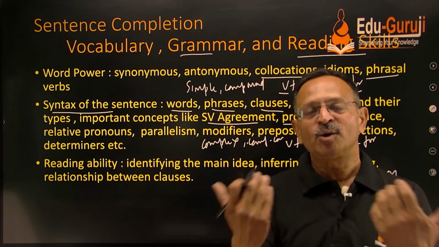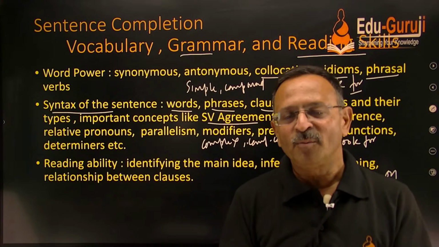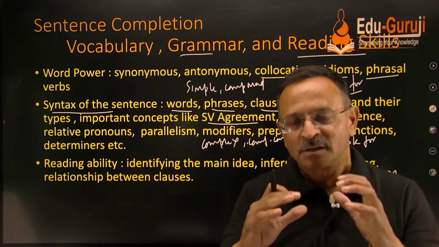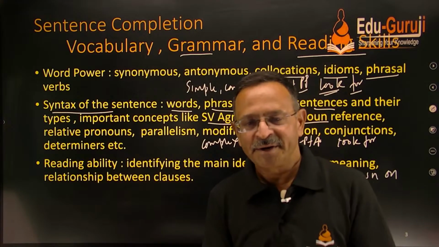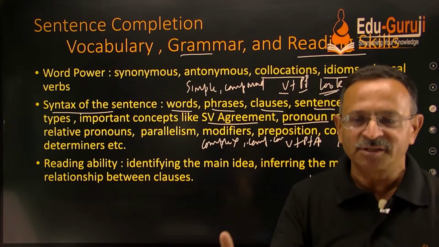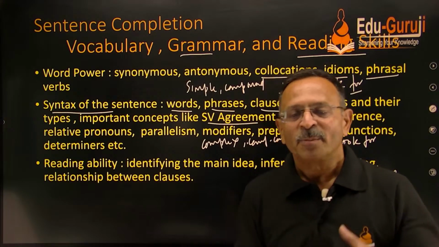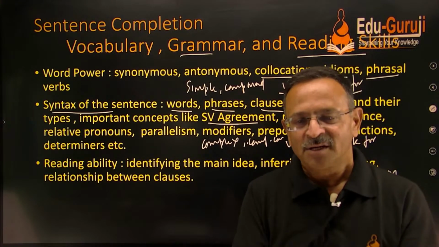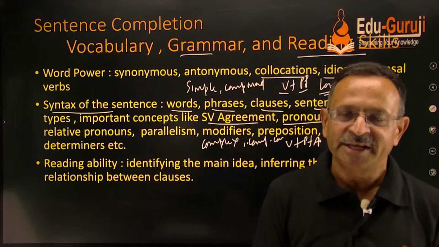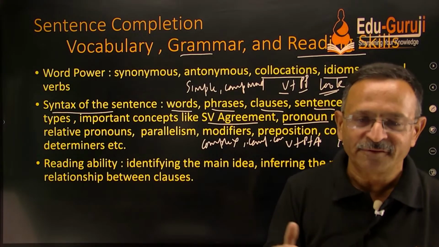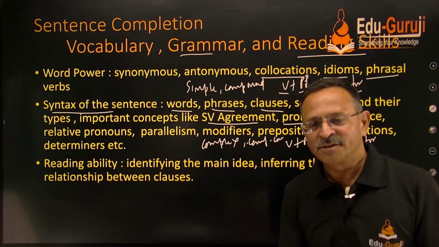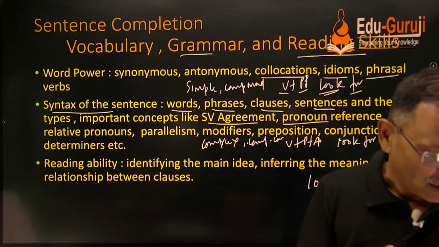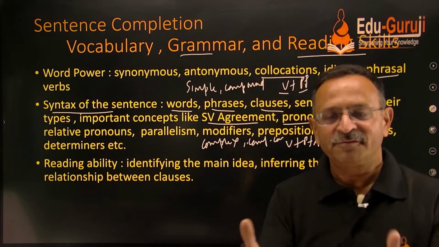You must have done a lot of reading comprehension passages, and while solving those questions, you must have come across questions like main idea, inferring something, or identifying the relationship. All those things are going to be part of it.